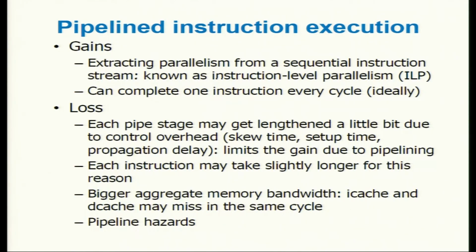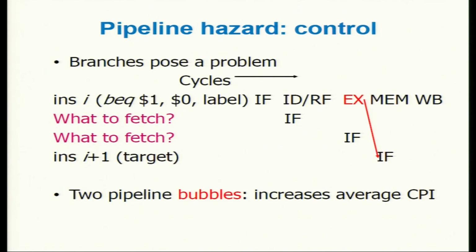And there are pipeline hazards. Let's try to understand what they are quickly. Let's say this is a branch instruction, which you can see here has 5 stages: fetch, decode, execute, memory, write. The branch instruction executes here, that is, it computes where to go next. The problem is that in these 2 cycles, you don't know what to fetch.